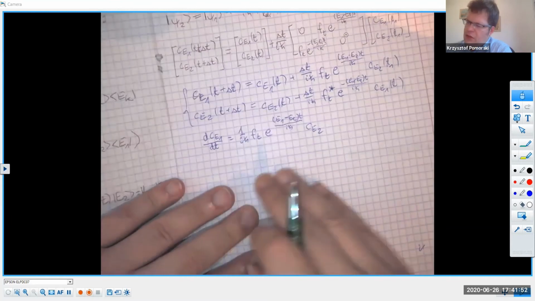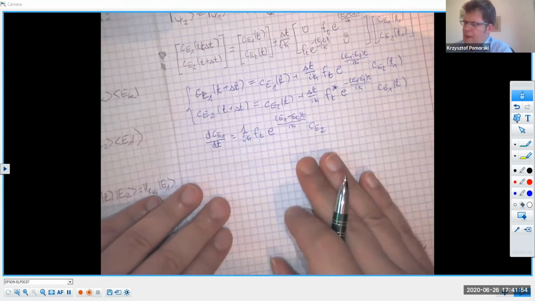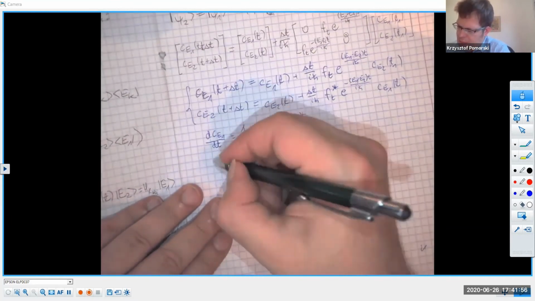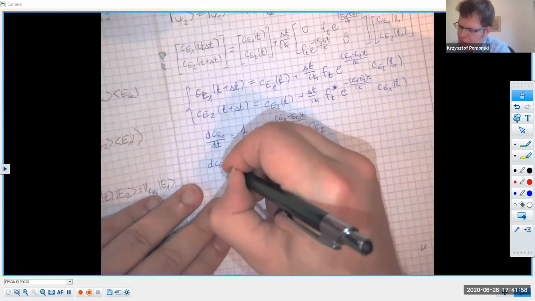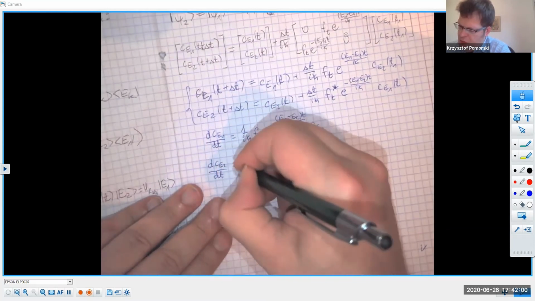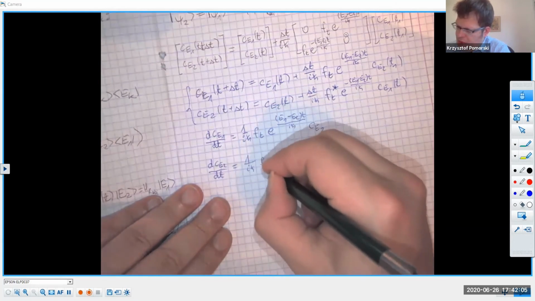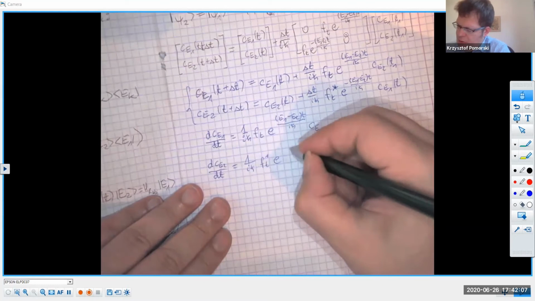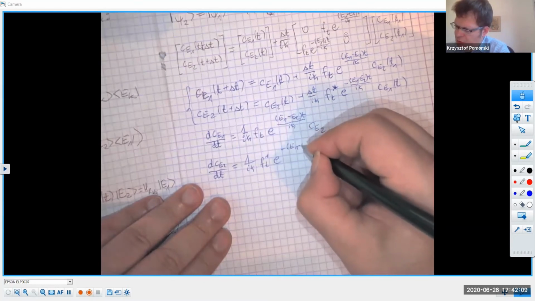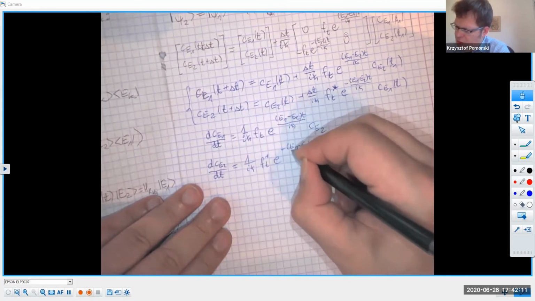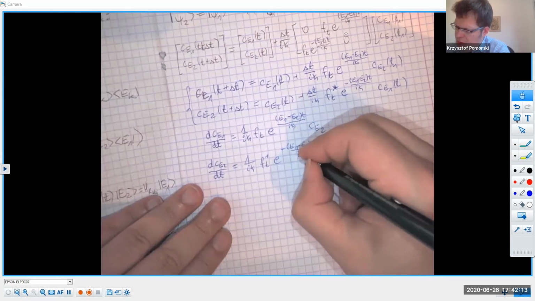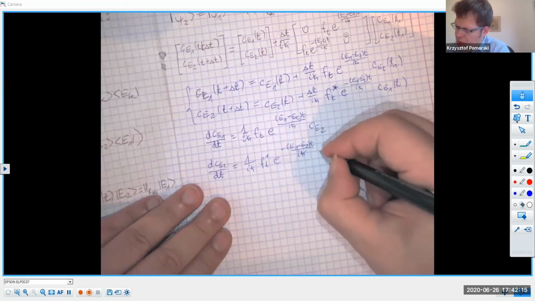This is the first equation, and there's the second equation, which is nothing else than this guy, and there is E1 minus E2 t over E H, C1.